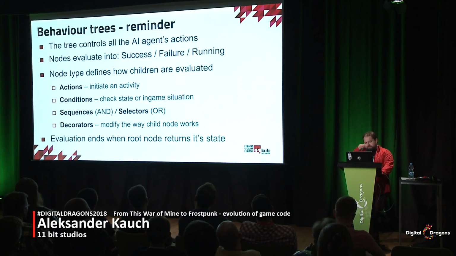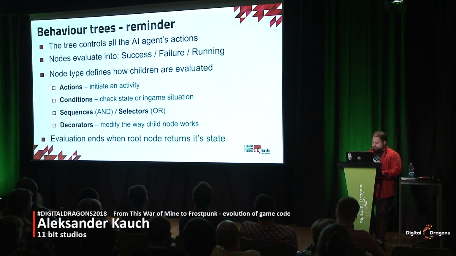There are several node types: action nodes, which directly initiate an activity; conditions that check conditions; sequences and selectors, which are used to control the flow of checking nodes, their child nodes; and some decorators, which change the node behavior, to say it simply.